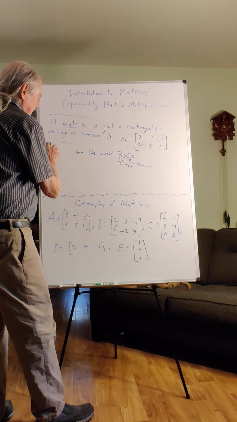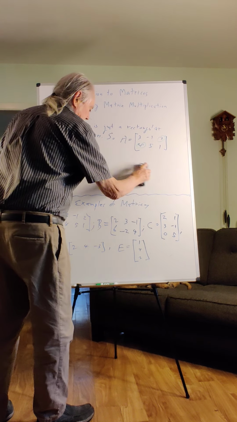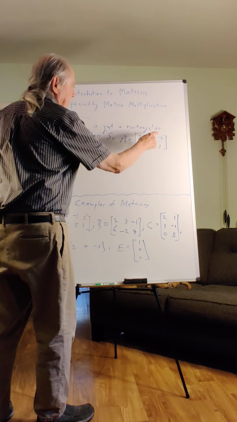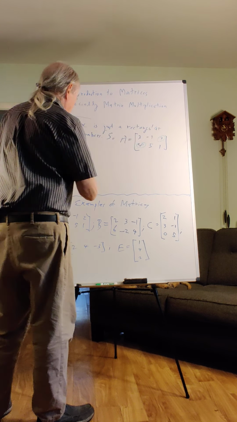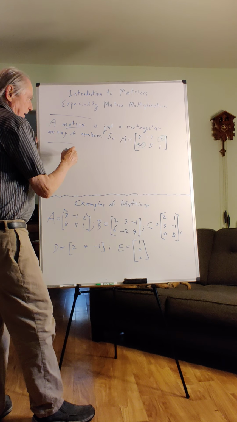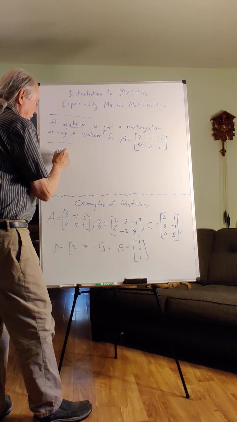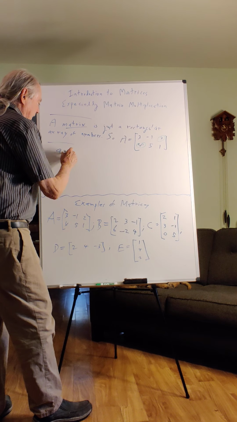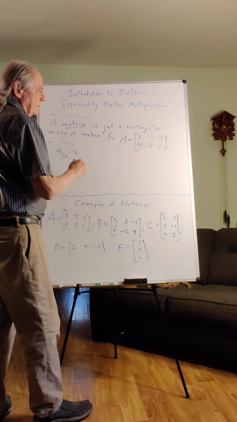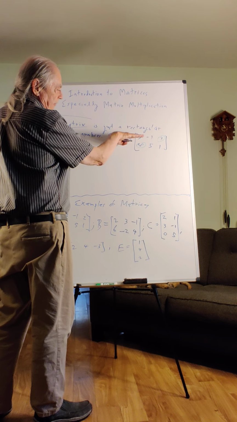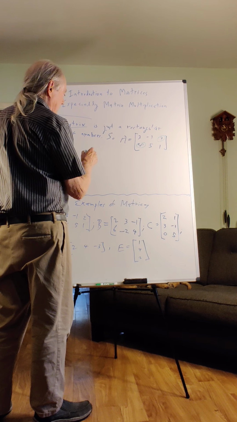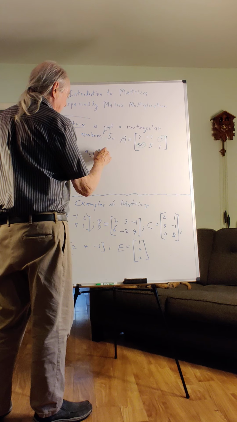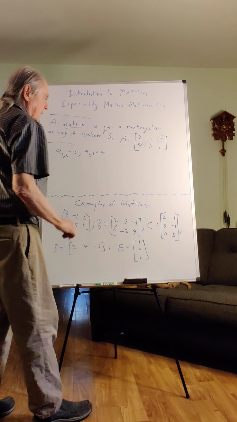So if we want to refer to the entry 2, it occupies row 1 and column 3. The way we express that is we say A1,3 has the value 2. What about this one? This is in the second row in the first column, so A2,1 equals 4 in this example.